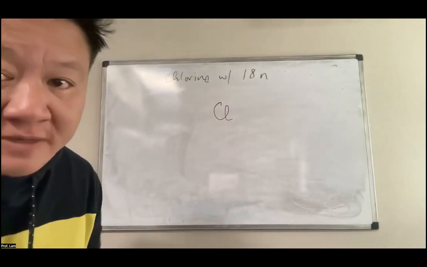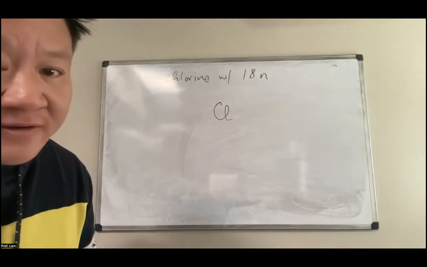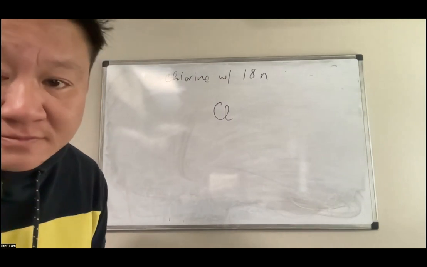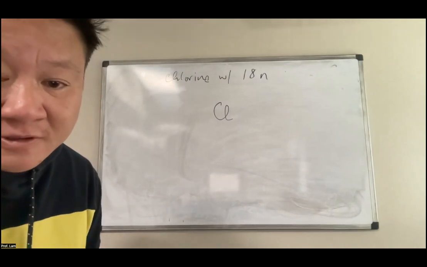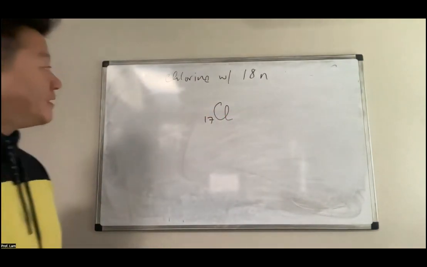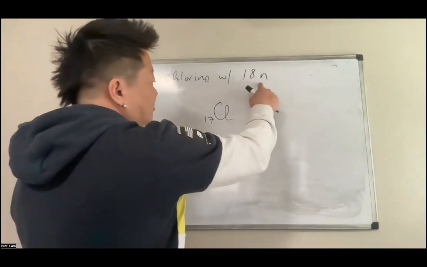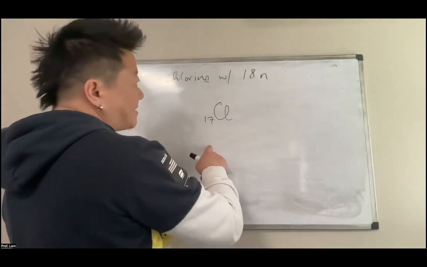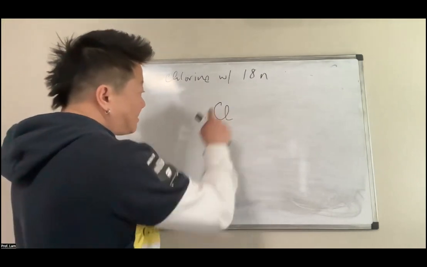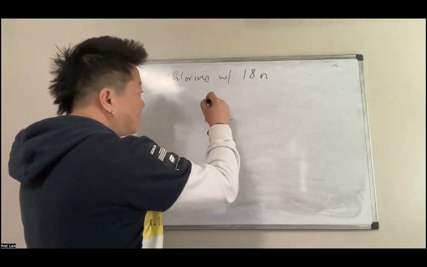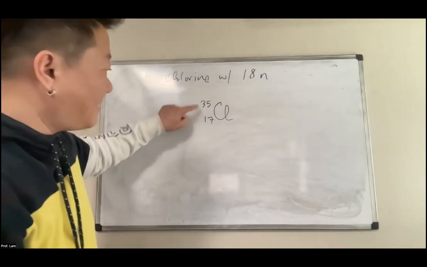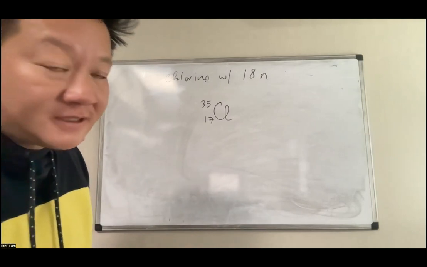So we do that first, right? So then now figure out its number of protons. Okay, so that's 17, right? Looking at the periodic table, right? And if it has 18 neutrons, then what is its mass number? Well, mass is neutron plus proton, so 18 plus 17 is 35. Okay, so there we go. We got the A and the Z.